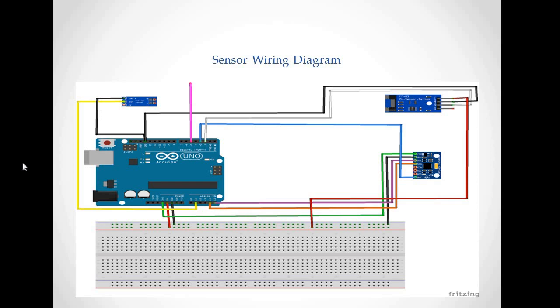Sensor wiring diagram. As you see in this picture, in the left side, you see the Arduino microcontroller, and on the top of the left, you see the voltage sensor. In the right side, in the down part, you see the MPU sensor, and the top is the RPM sensor.